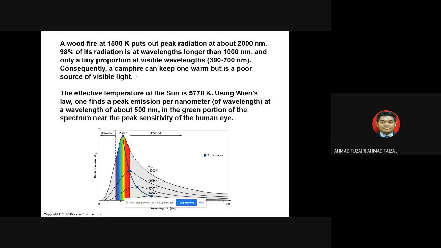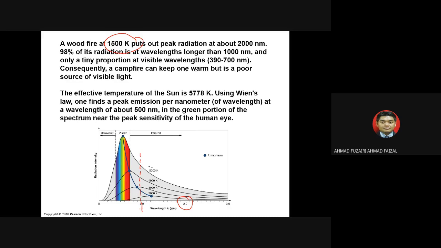For example, a wood fire at 1,500 Kelvin puts out peak radiation at about 2,000 nanometers, around here. This is in the micrometer range, so in nano it should be 2,000 nanometers. 98% of its radiation is at a wavelength longer than 1,000 nanometers, around here.